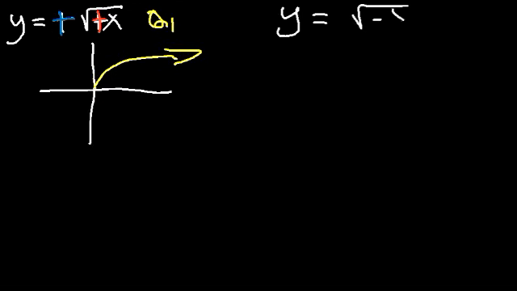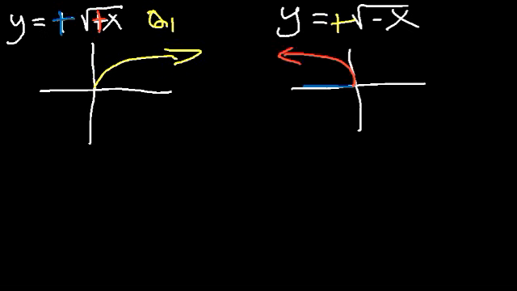In this example, x is negative, but y is positive. So x is negative towards the left. Y is positive as you go up. So this graph is going to go towards quadrant 2, where x is negative and y is positive.